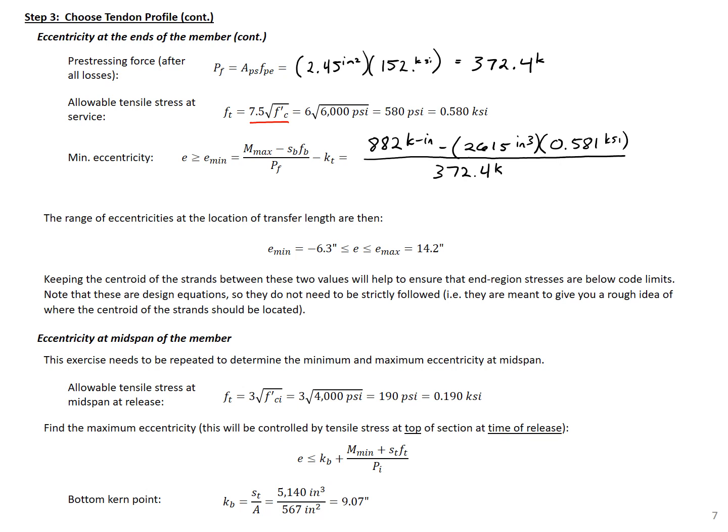And we'll get our minimum eccentricity here to be negative 6.3 inches. So this negative number means that it's an eccentricity above the centroid of our section.